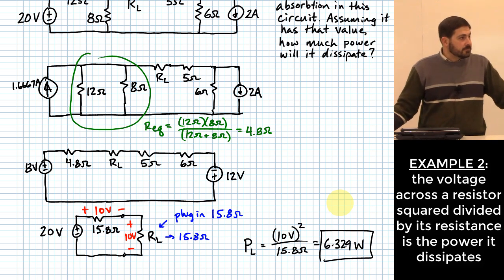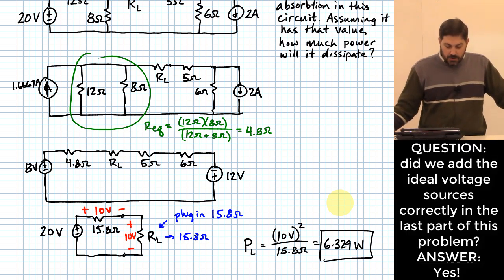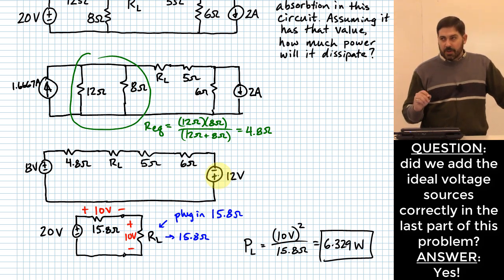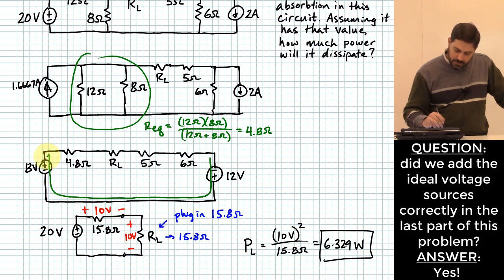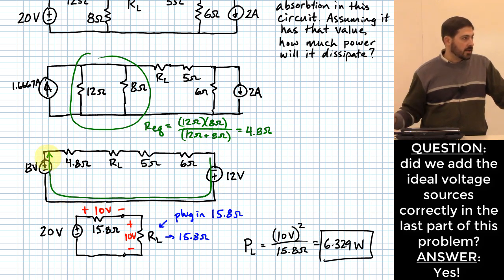Yes, sir? His question is, when you combine the 8 volt and the 12 volt, does it matter that the polarities are different? So my question is actually this: are the polarities different? It's drawn in a different way than you might be used to seeing it. But what you do is you imagine tracing along this way, and you encounter the negative sign of each of these elements first as you trace around that series circuit.